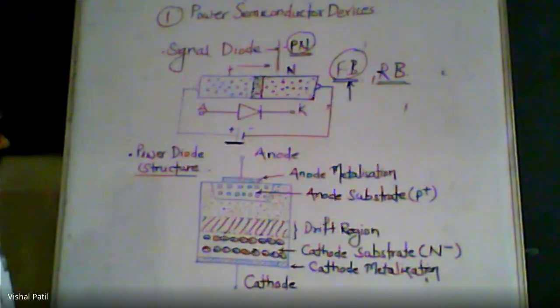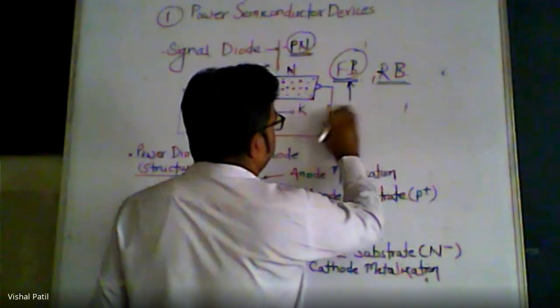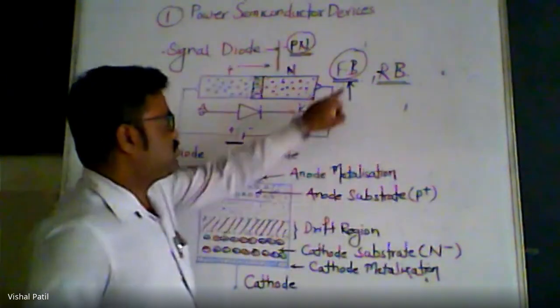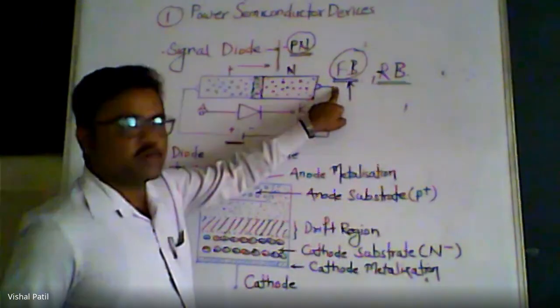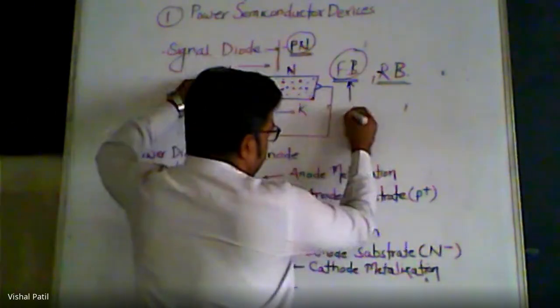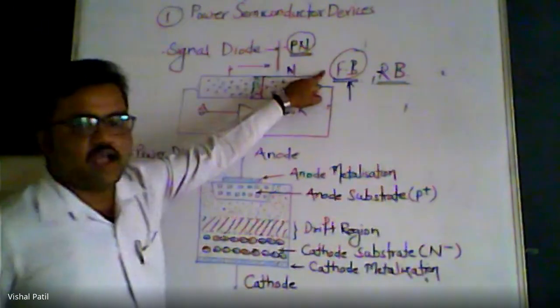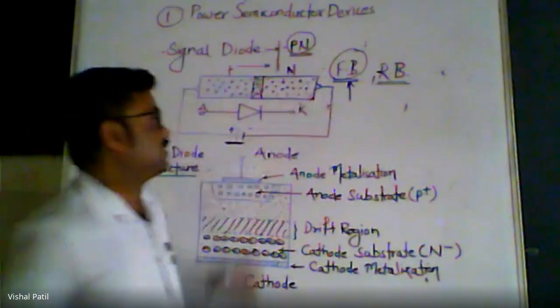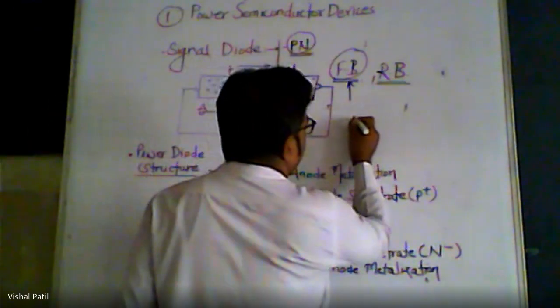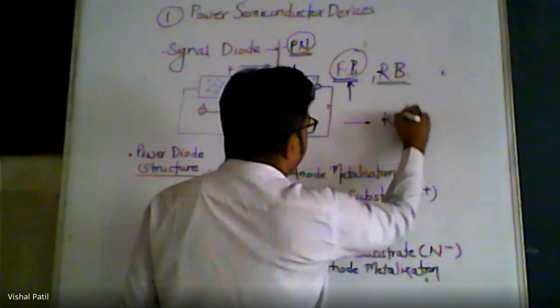Now, in case of a power diode, by applying biasing, we are making this diode conduct. When a power diode is applied with the forward bias, the current carried by that diode is in terms of kiloampere.